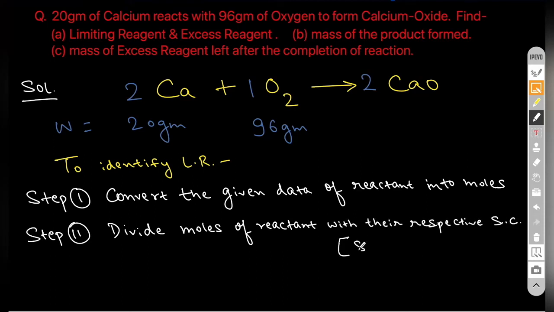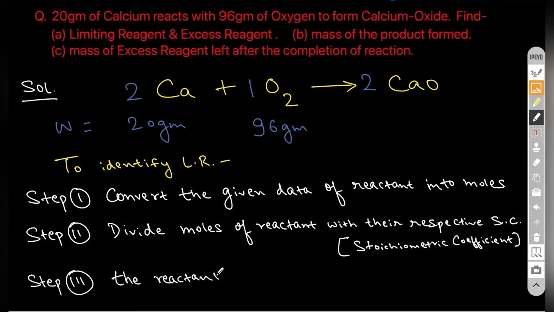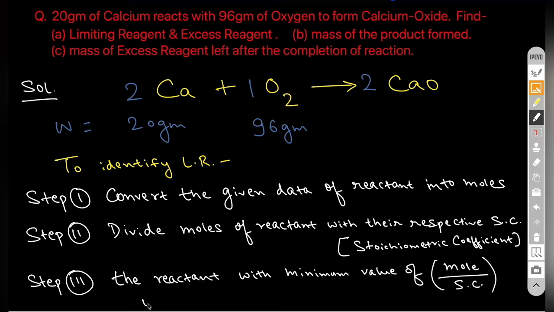Basically, divide moles by their respective stoichiometric coefficient. Step number 3, the reactant with minimum value of mole to stoichiometric coefficient will be the LR. Now we can solve the problem.